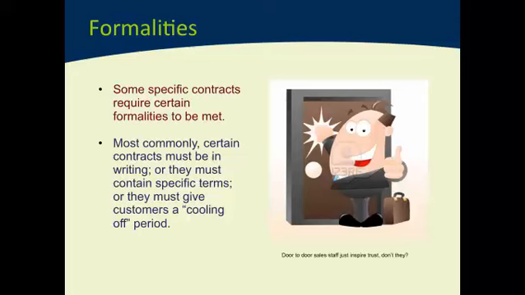Alright, this is the very last slide in our study of contract formation. This is about formalities. There are certain contracts that have certain formalities which are imposed. Now, the oldest of these is contracts for the sale of an interest in land.